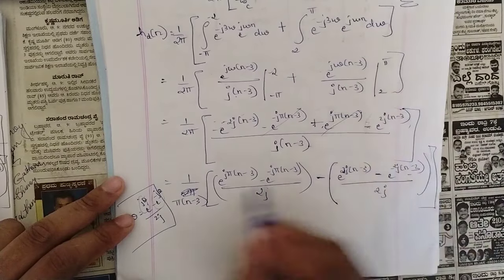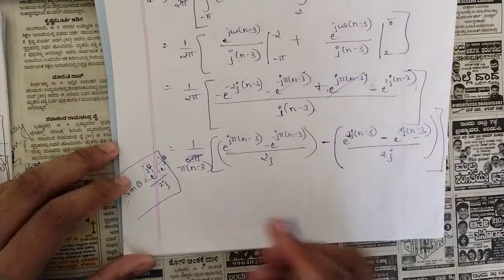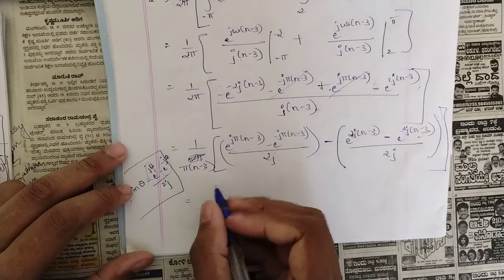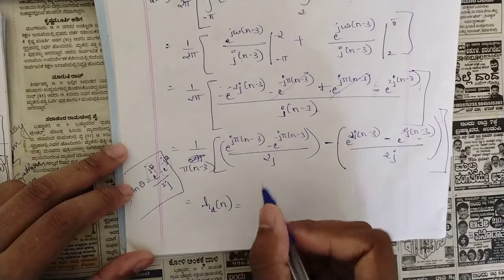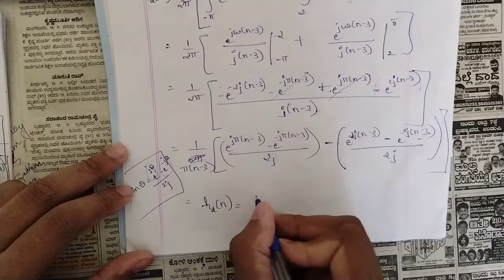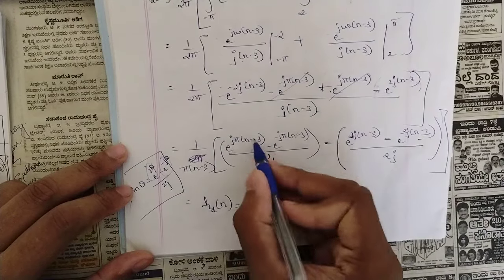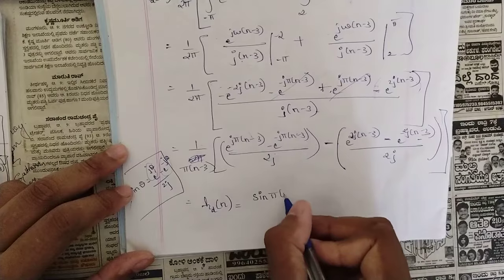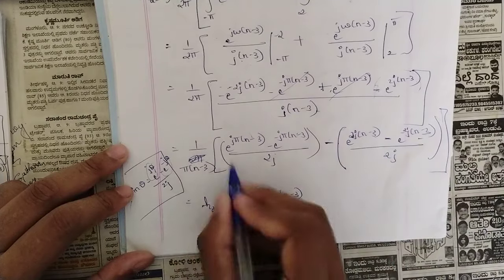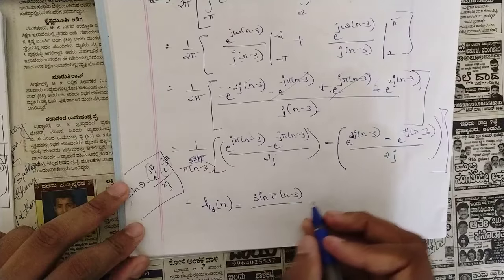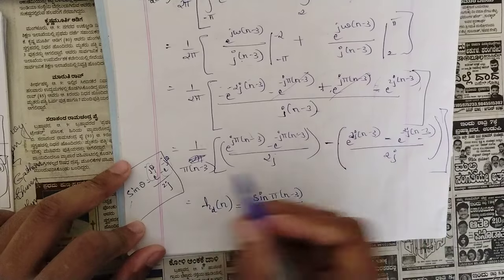Now these two terms are also satisfied by this formula. So our final answer would be hd of n is equal to sine of theta, where in place of theta we have pi (n minus 3), divided by pi (n minus 3).